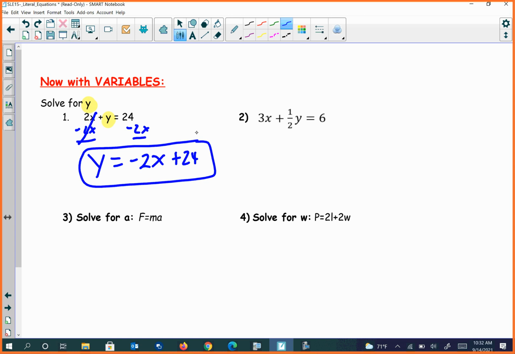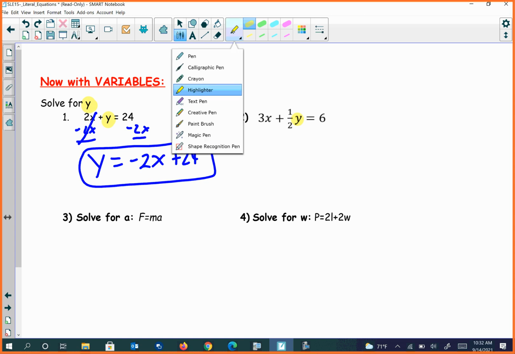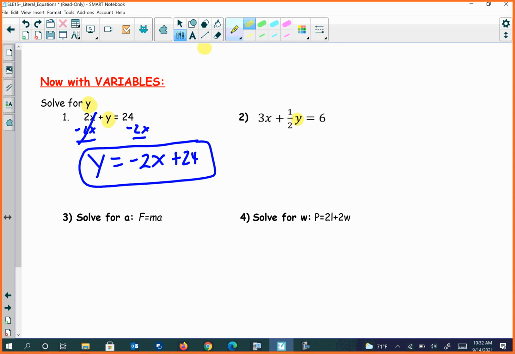So problem number 2. I see a denominator. Agreed? Technically, I'm trying to get this by itself. I'm trying to get that y all by itself. But I have a denominator, so what should I do?